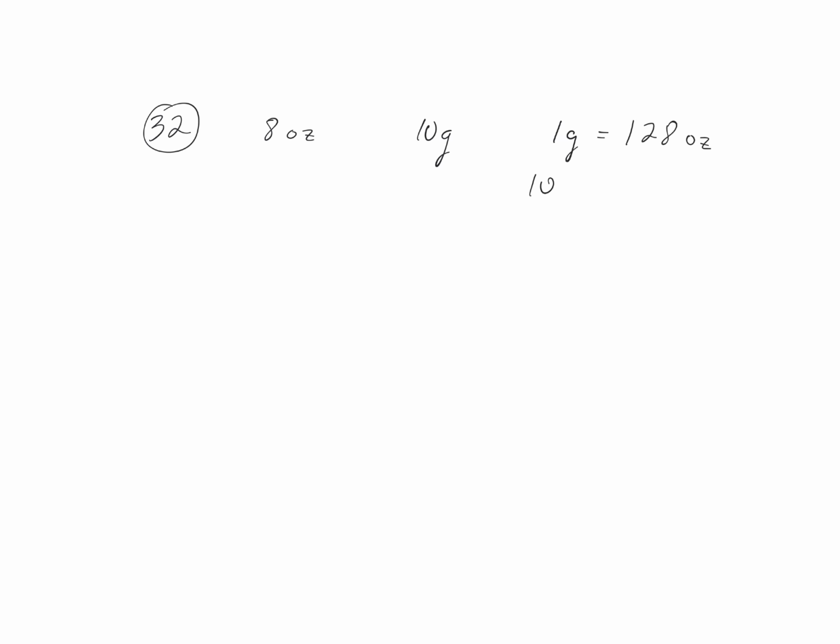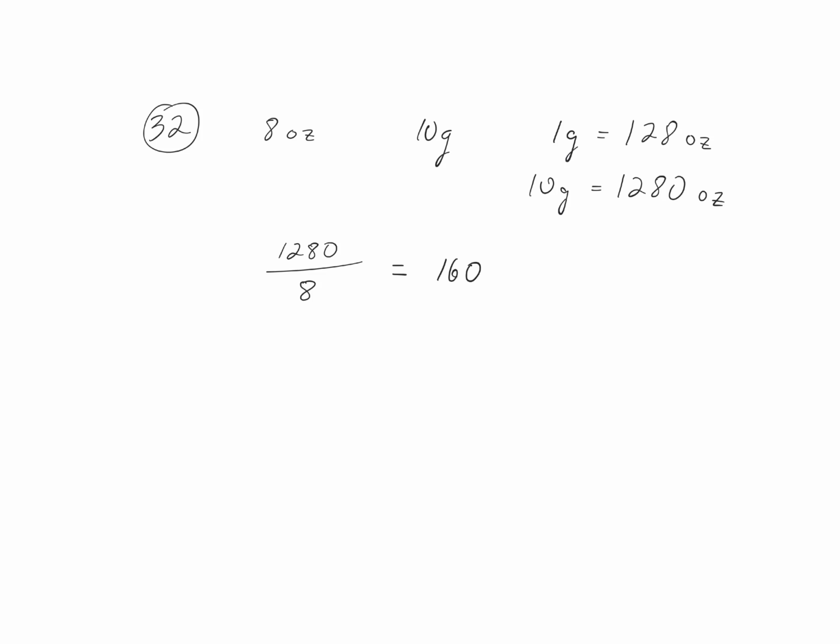Well, that means that 10 gallons is 1,280 fluid ounces. And so we just need to do 1,280 divided by 8. And 128 divided by 8 is going to be 16, so this is 160.